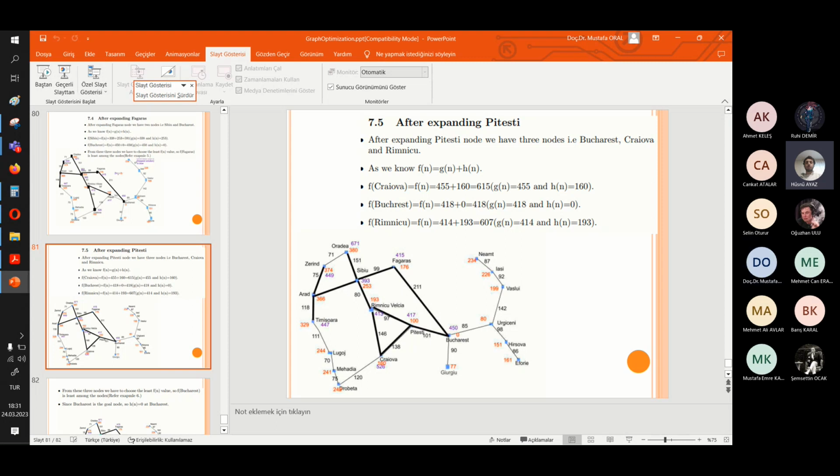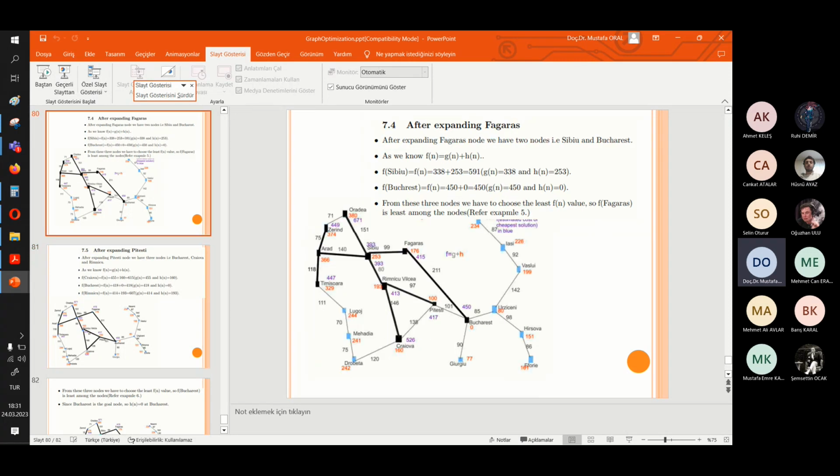Senin söylediğin şey şuydu: Piteşti yolundan gitmeden önce Bükreş'e ulaştık ve acaba daha iyisi var mı diye baktığımda, daha sonra denediklerimin hiçbirisi 450'den daha iyi olmayabilirdi. Doğru mu? Evet. Bu durumda Fagaras üzerindeki yol olacak.